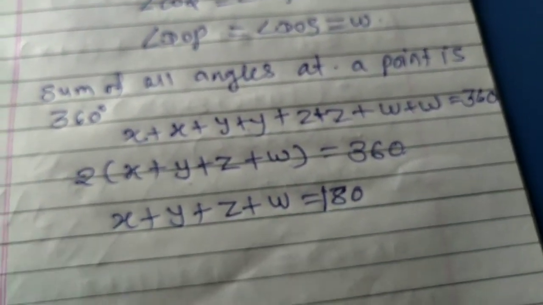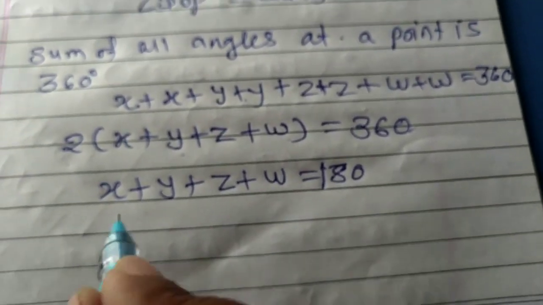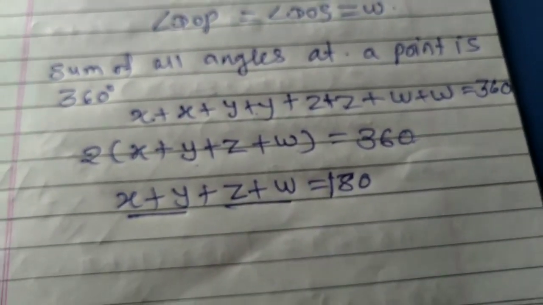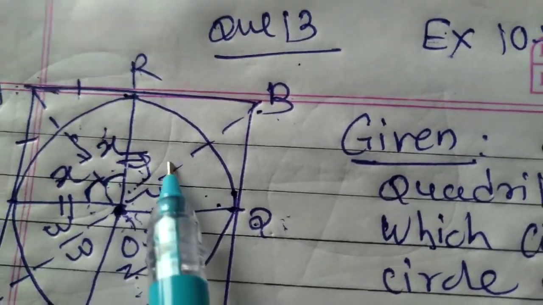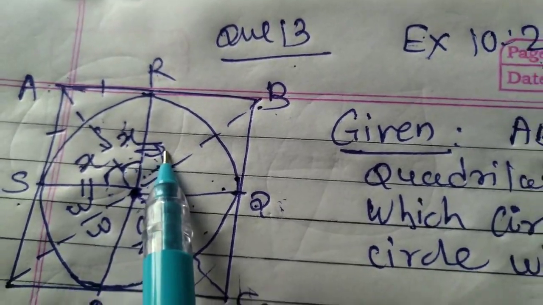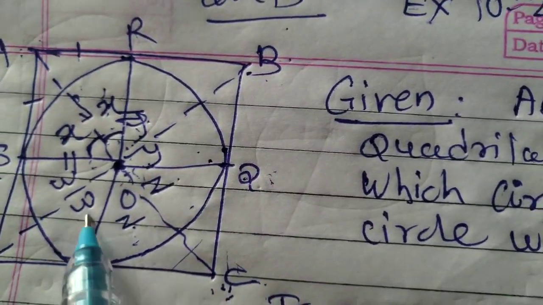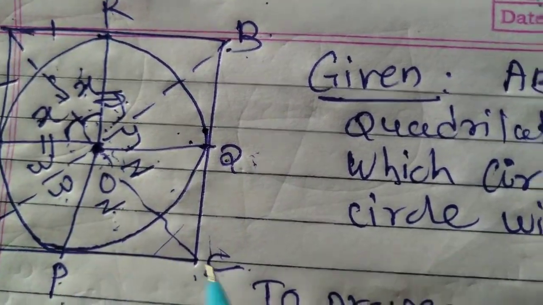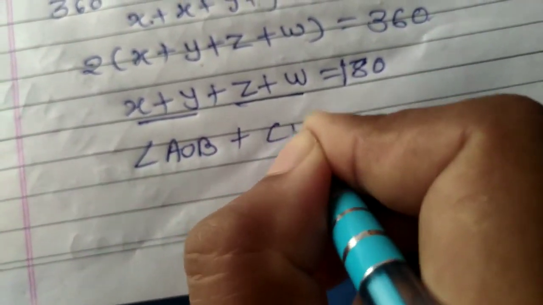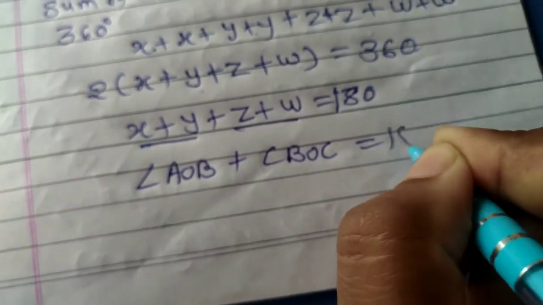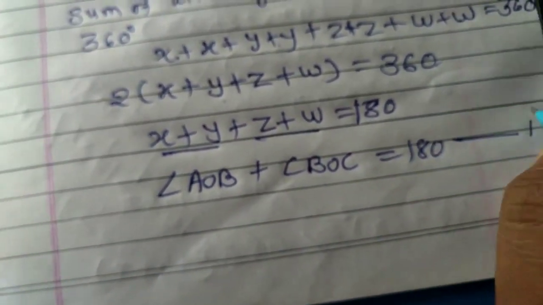Now if we make the pair of x plus y and w plus z, then from the figure x plus y means angle AOB, and w plus z means angle DOC. So angle AOB plus angle DOC equals 180, means both the angles are supplementary.